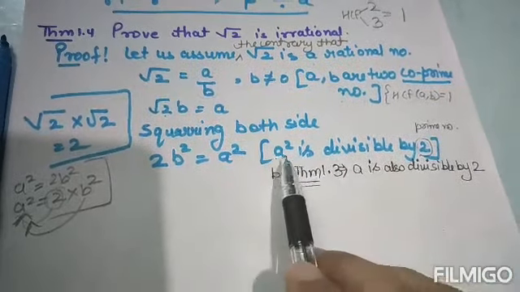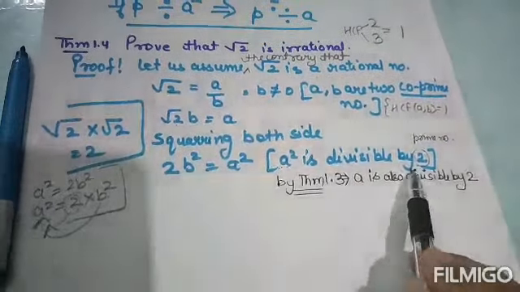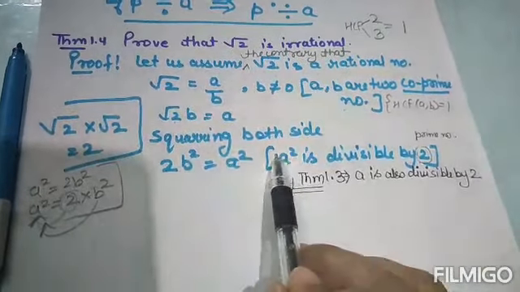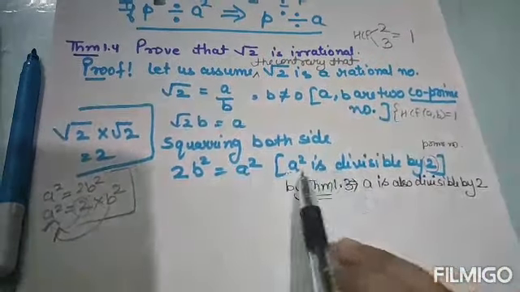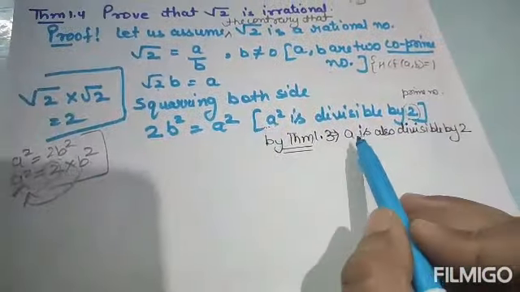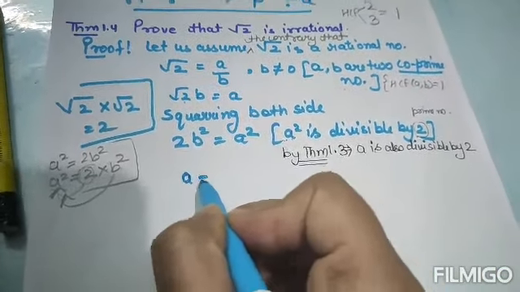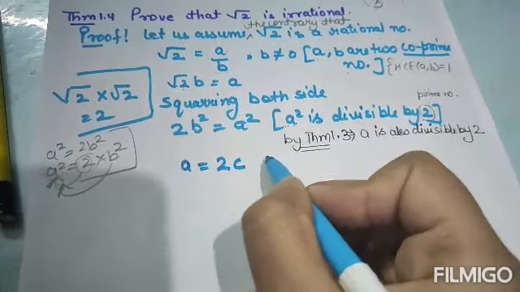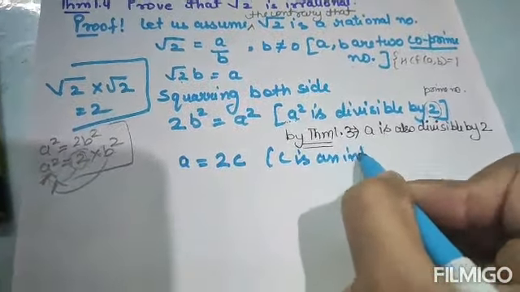Got it? We have now used theorem 1.3. If a prime number is dividing the square of any positive number, then that same prime number will divide the number itself. So, if a is also divisible by 2, that means a will be equal to 2c, where c is an integer.